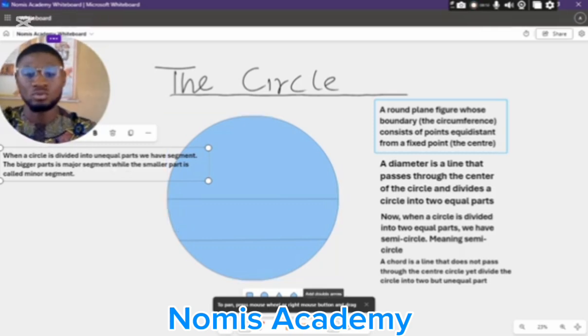Now, what else do we need to learn? We need to learn a line that is drawn from the center of the circle to any point of the circumference of the circle. What do we call this line?